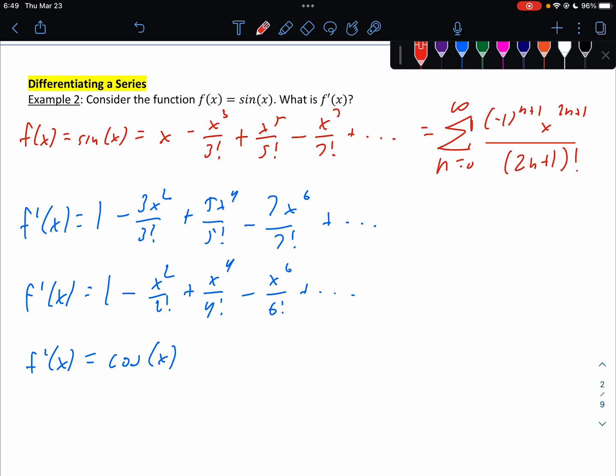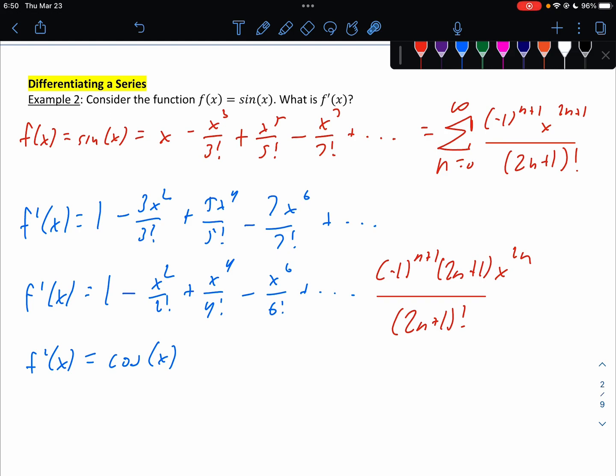All right, now we also could have differentiated our nth term as well. When we differentiate, this and this are just constants, so we don't differentiate those. Really, all we're doing is differentiating this, okay? So if I was differentiating that nth term, I would get negative 1 to the n plus 1 over 2n plus 1 factorial. And in differentiating, we get 2n plus 1 times x to the 2n.